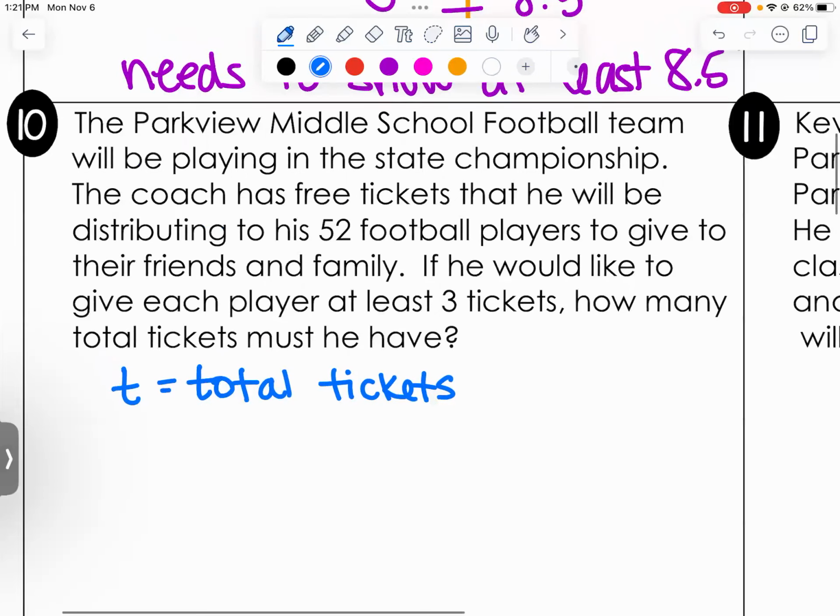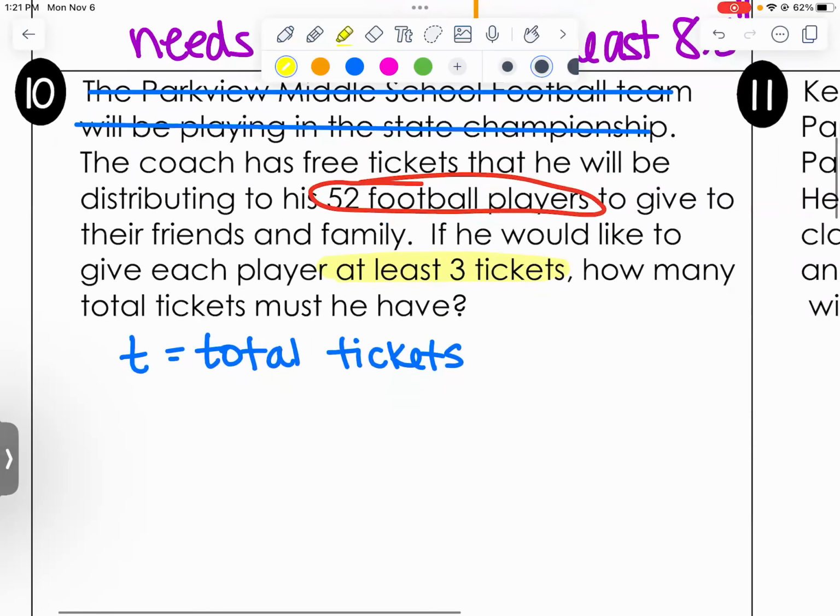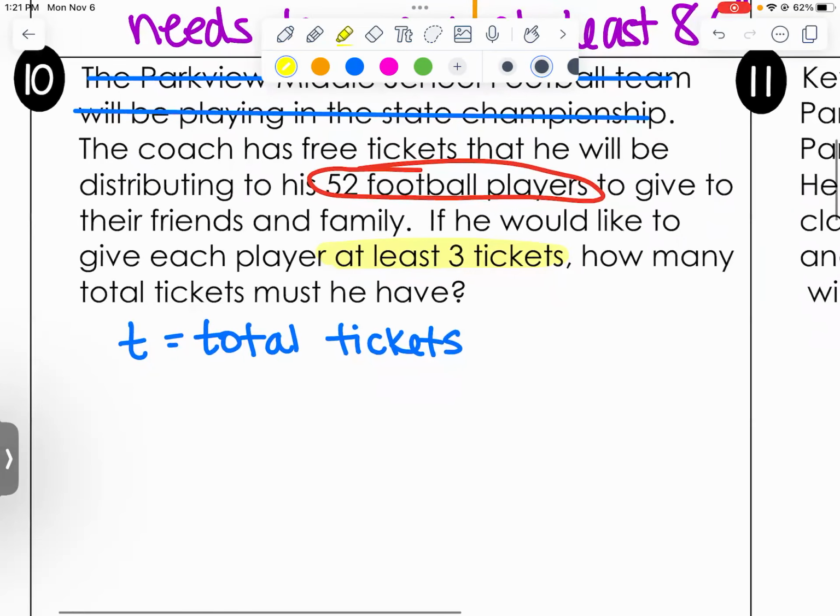Now, this first sentence doesn't even matter. Okay, he has 52 football players, and he would like each player to give at least 3 tickets.